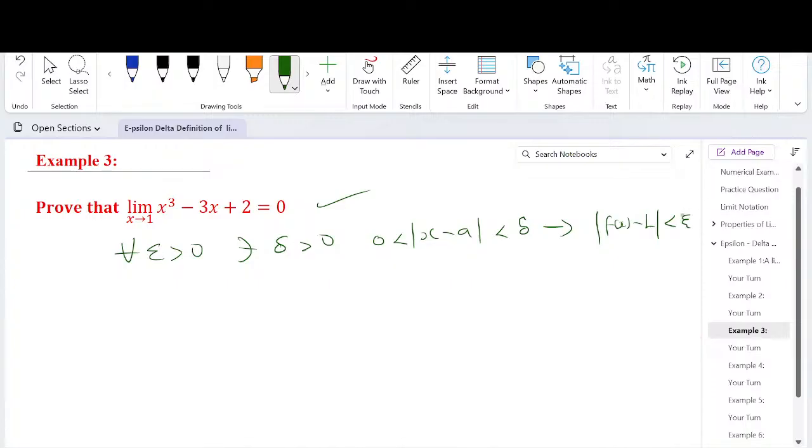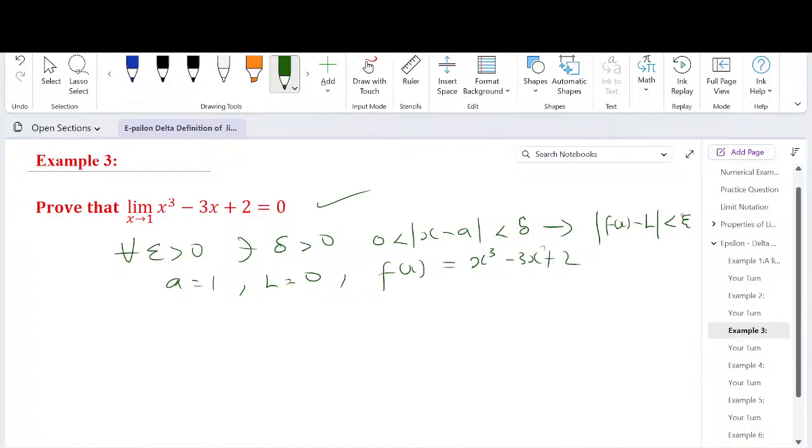So that is what it's telling us. From here, the value of a is equal to 1, the limit is equal to 0, and f of x is equal to x cubed minus 3x plus 2.